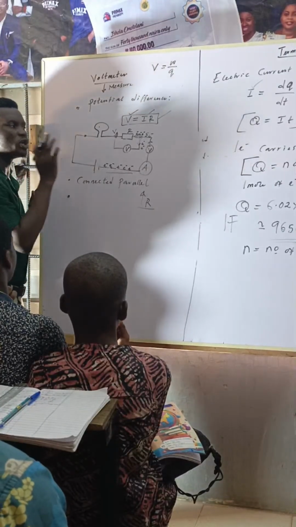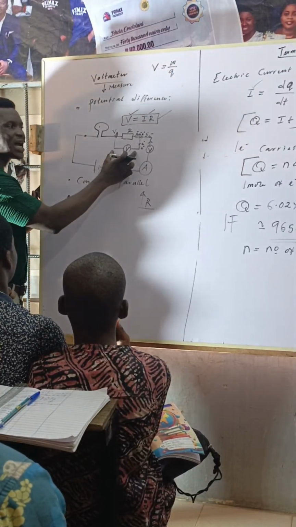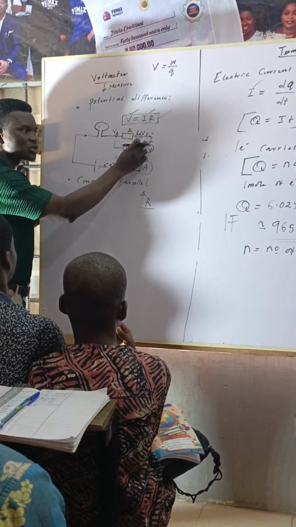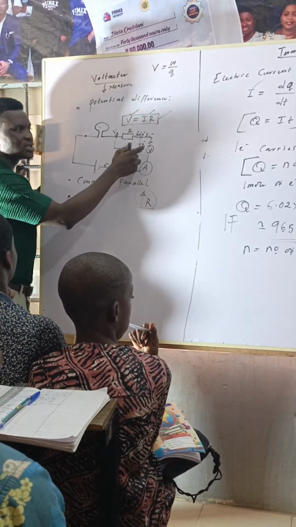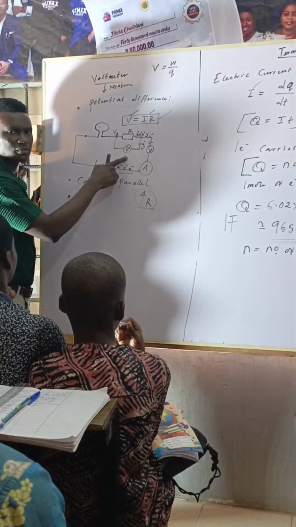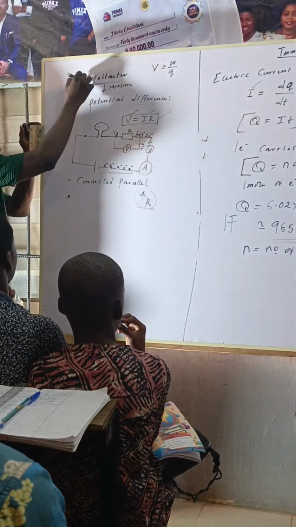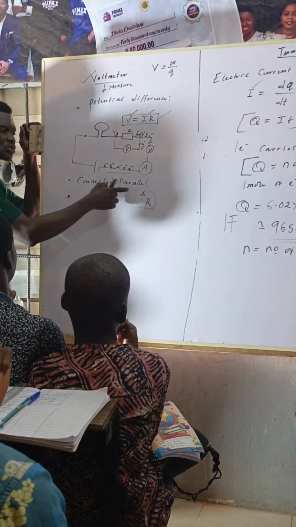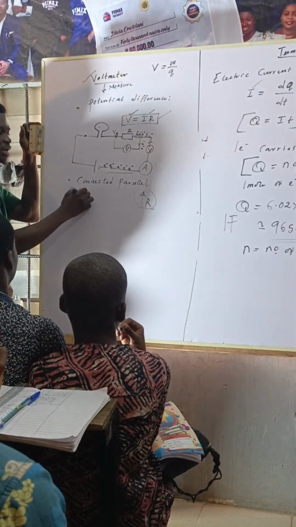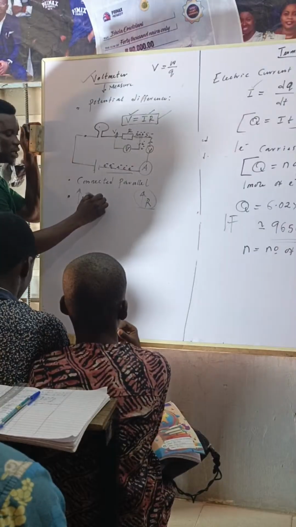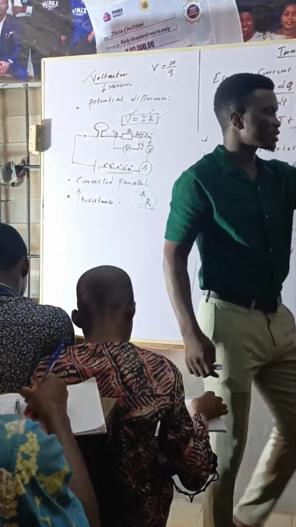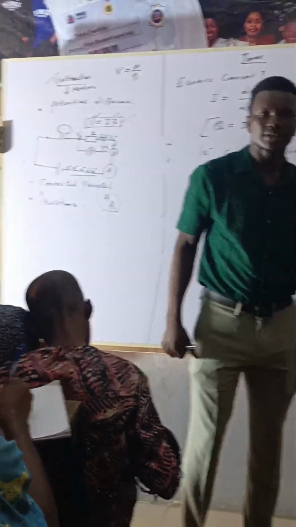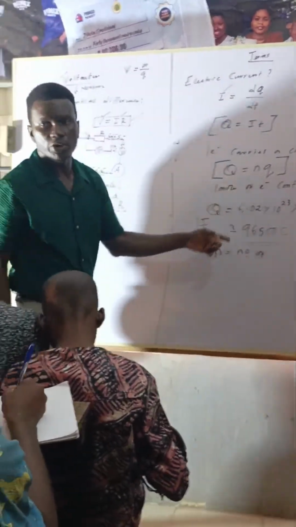So in order to prevent these from passing through here, I need to put something that will make sure they will not pass. So they can ask you, for a voltmeter, what type of resistor does it need? It needs a high resistance resistor. But for an ammeter, it needs what? A low resistance. Are you following?